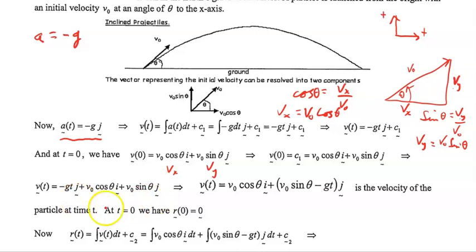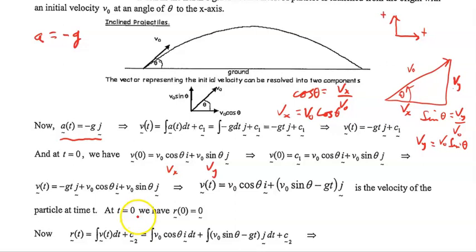There are two j components here, so we combine them. So finally, our velocity vector at any given time t, from t equals 0 onwards, is v0 times cos theta in the i direction plus v0 times sine theta minus gt all in the j direction. That's the velocity of the particle at any time t.